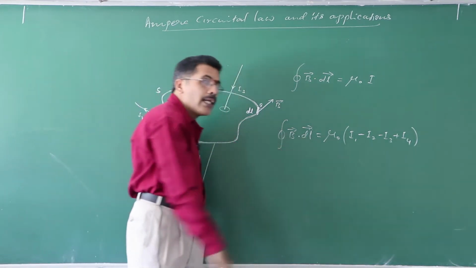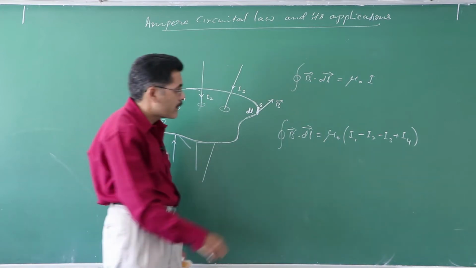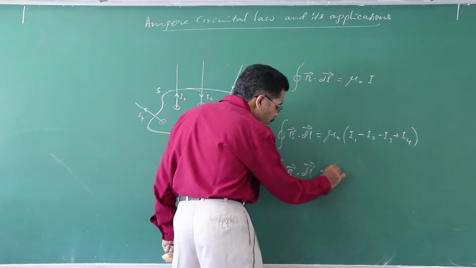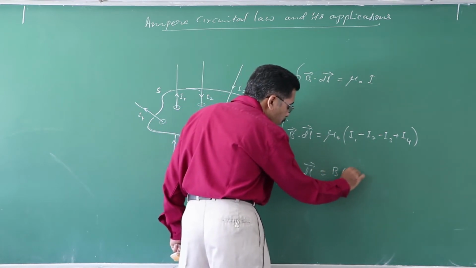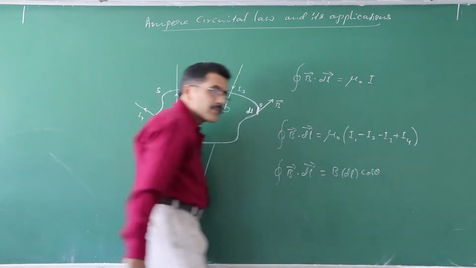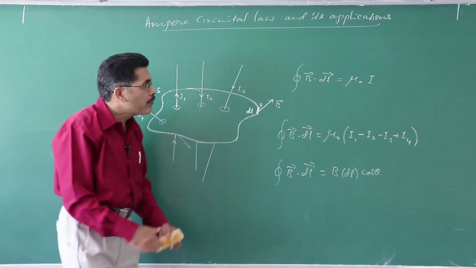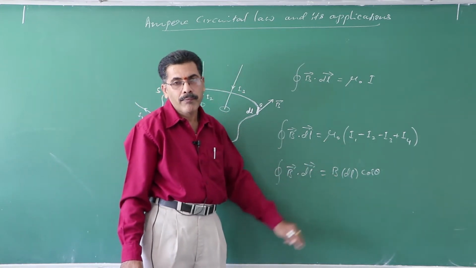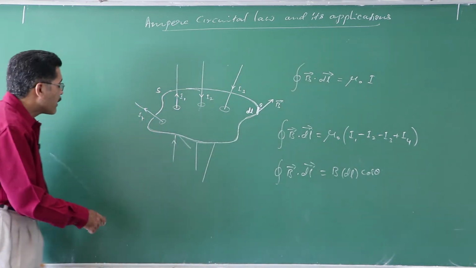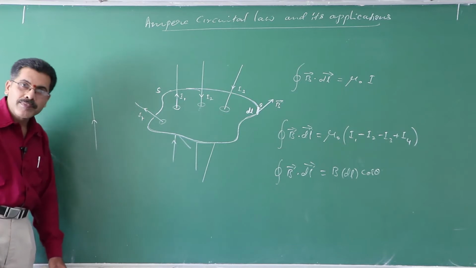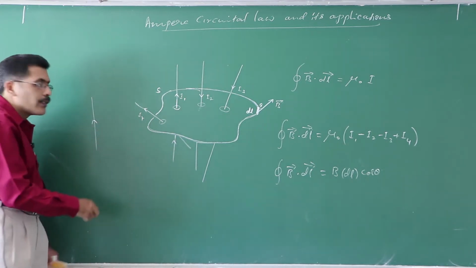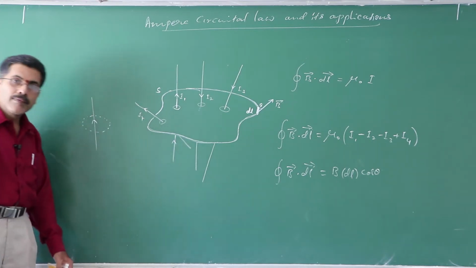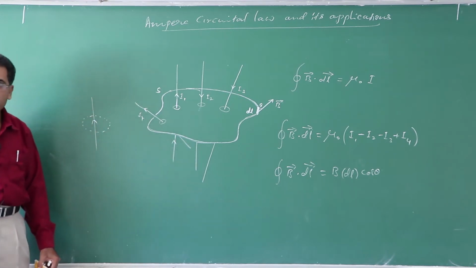What actually is B dot dl? B dot dl is equal to B dl cos theta, where theta is the angle between the length element and the magnetic field. Suppose the conductor is a straight conductor, then you just imagine a loop around this straight conductor.